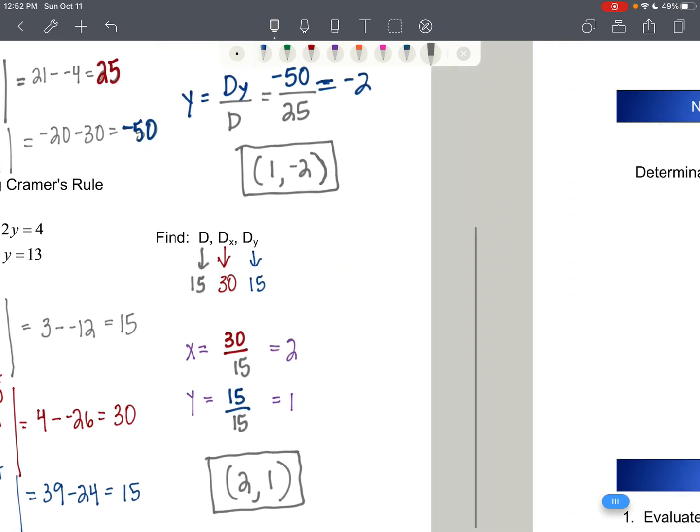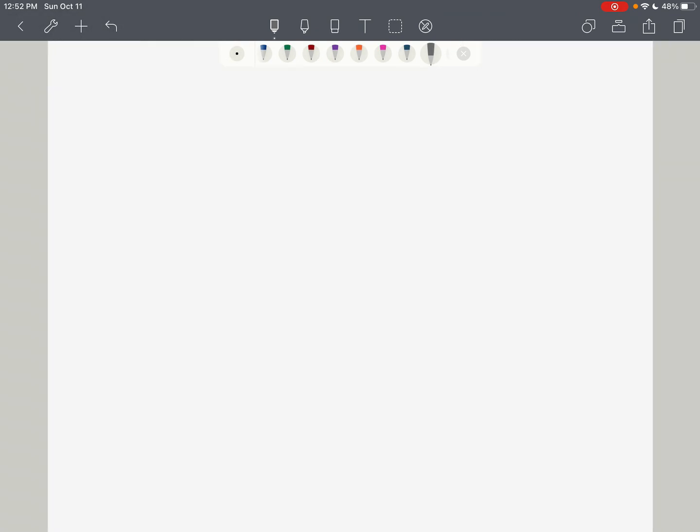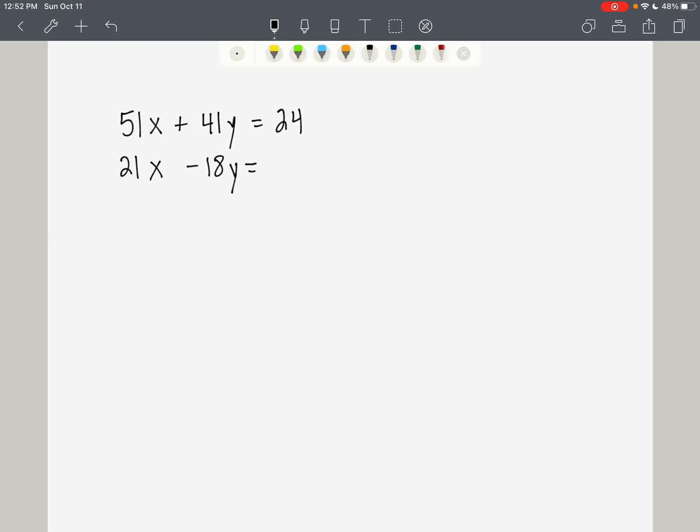Now, here's a great example of where this might really honestly come in handy. If I have 51x plus 41y equals 24, and 21x minus 18y equals 11, and I said, let's go ahead and find the solution to this system without using a calculator.